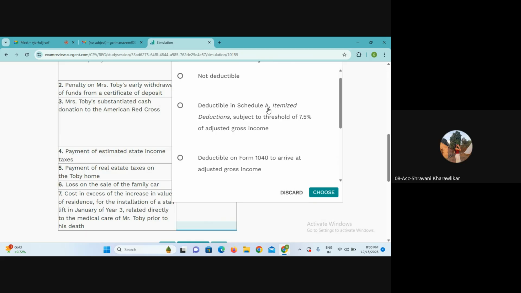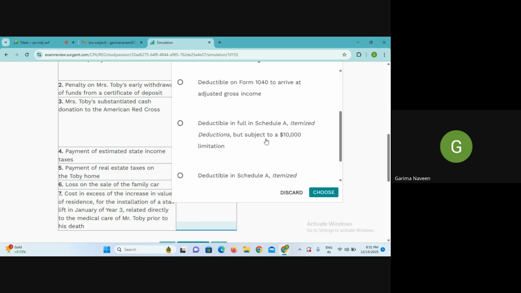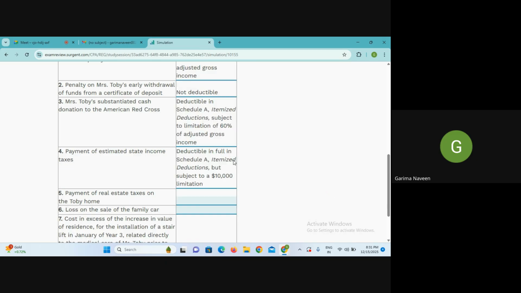No, ma'am, not getting the answer actually. Okay, so under itemized deduction, you have SALT taxes. Remember, you can take up to $10,000 of taxes as an itemized deduction. So this will be the correct answer.